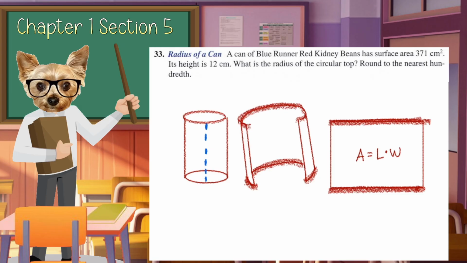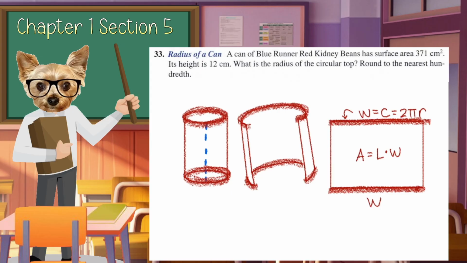So what does that tell us? That tells us that the width is equal to the circumference, which is 2 pi r. And that's very important to remember. So our width is our circumference, and our circumference is 2 pi r.